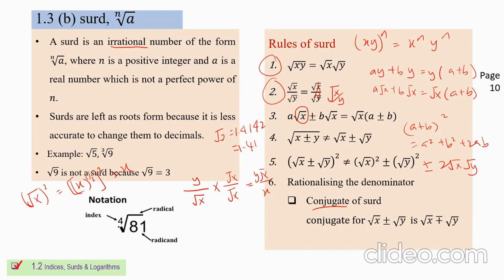This is the first case, where the denominator has one surd.